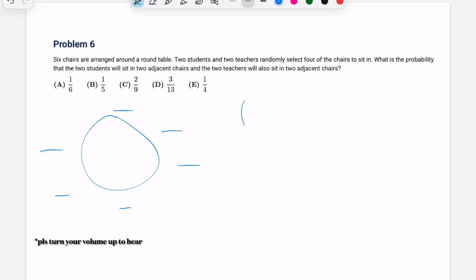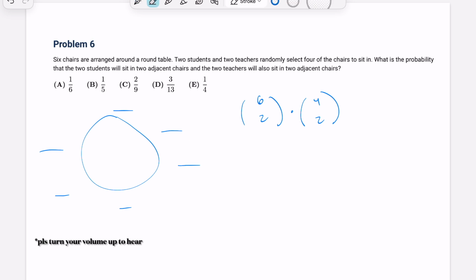So first, let's pick 2 spots for the teachers and 4 spots for the students. Here we're just going to treat the 2 students as identical. We're not going to say that if student A sits here versus student B sits here, we're not going to count that as any different from student B sitting here and student A sitting here.